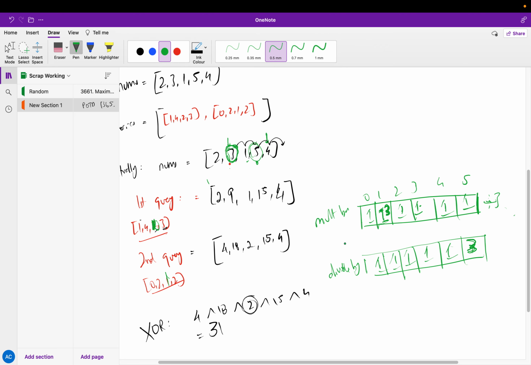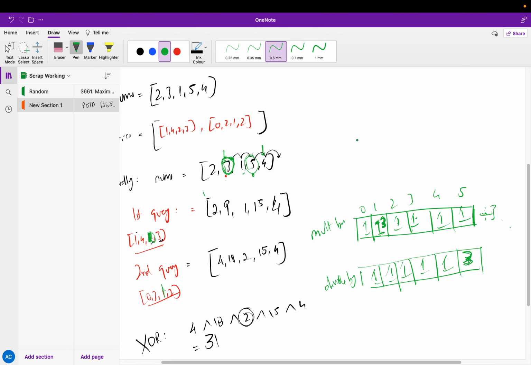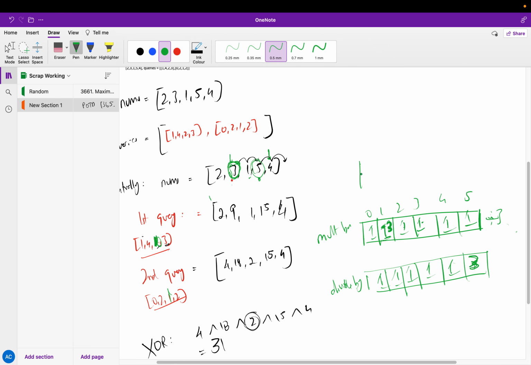Right? And then what that means is if I was just to process this first query, if the numbers are originally looking like 2, 3, 1, 5, 4 from index 0, 1 to 4, then I would say, okay, what should I multiply 2 by the query?